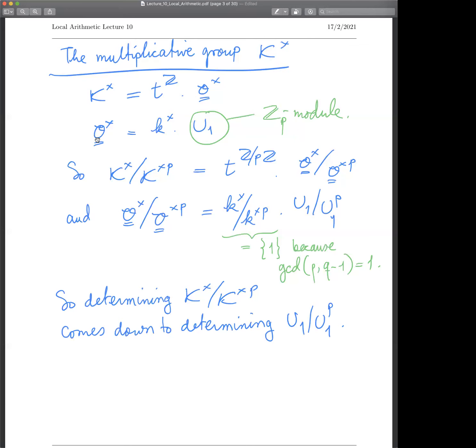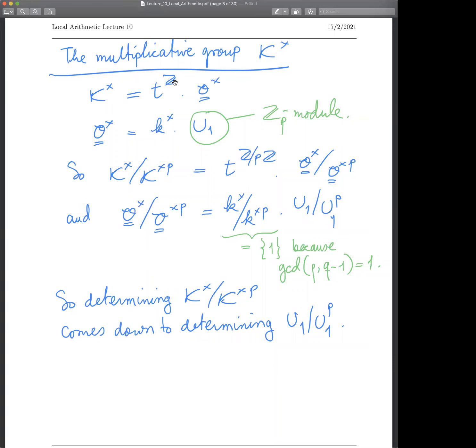Now, the group of units O star itself contains the group of invertible elements of the residue field. The residue field is contained in O. So little k star is contained in O star. And then you have this U1, which last time we had seen is a Z_p module in a natural manner.